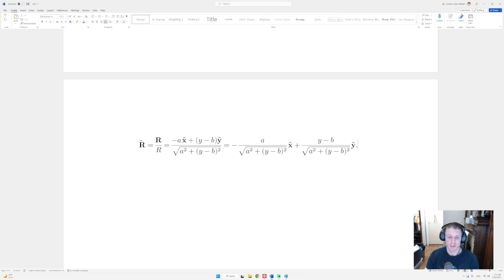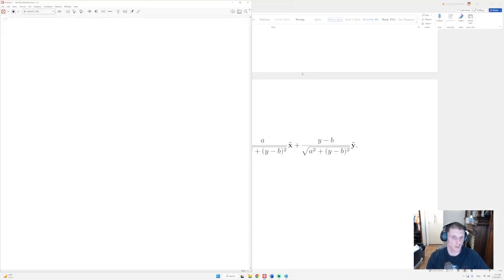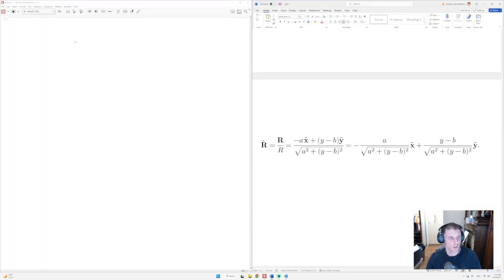What we could do is use Mathematica here, and I'll show you how you could do this, as a little bit of exposure to Mathematica, because it is a very useful, powerful piece of software. This might be a little confusing, but we want to do this as simply as possible.